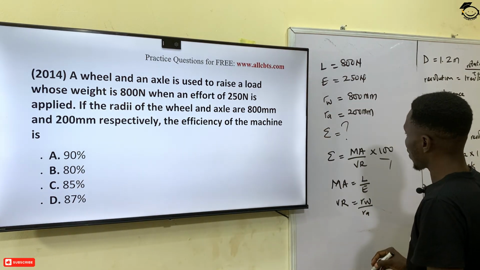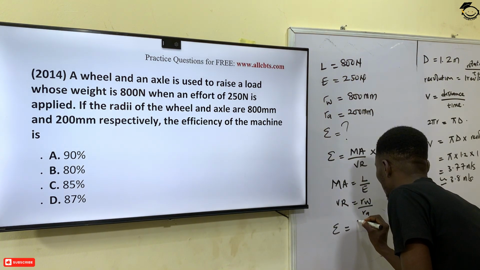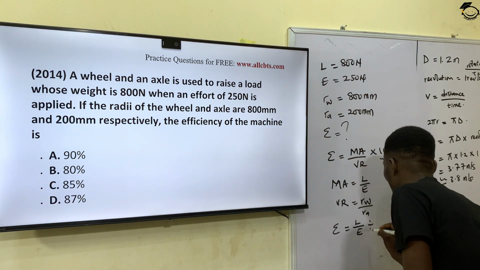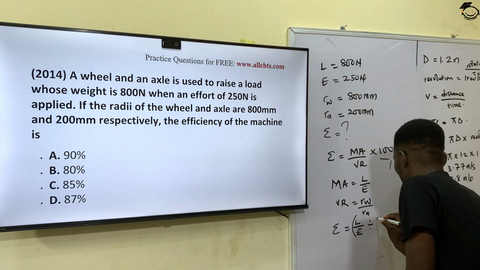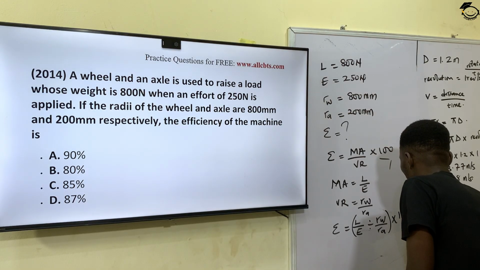So if you input this into our new formula, it means that our efficiency is going to be load over effort divided by radius of the wheel over radius of the axle times 100 over 1.